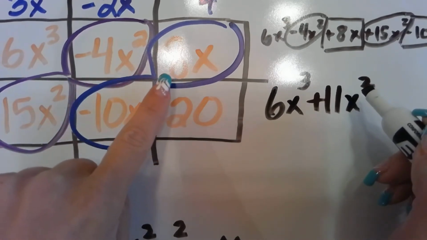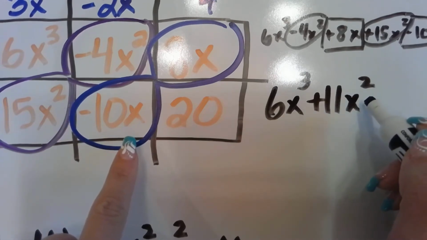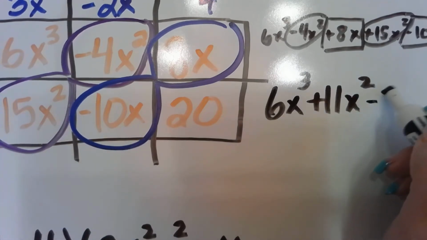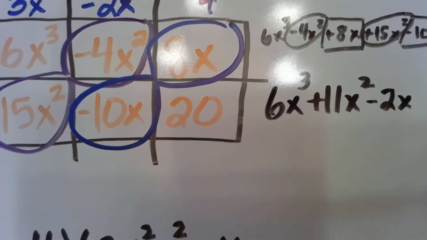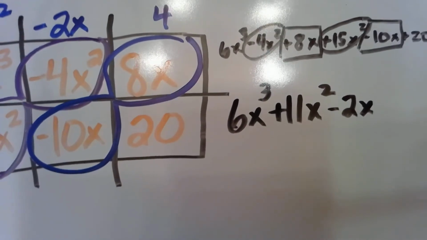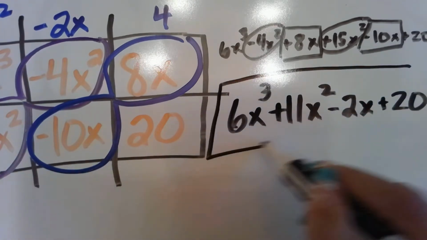And we have 8x minus 10x, and those two combine, and that would be negative 2x, and then we didn't do anything to our 20, so we're going to go ahead and write plus 20. And that is your final answer.